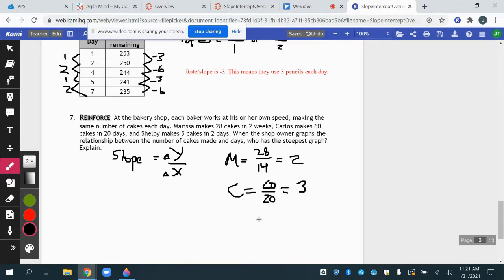I don't have to do all of the work in my head. I can just say, oh yeah, he makes 3 cakes a day. And Shelby, on the other hand, makes 5 cakes in 2 days. 5 cakes, 2 days. Well, 5 divided by 2 is 2.5. So she makes about 2.5 cakes per day.